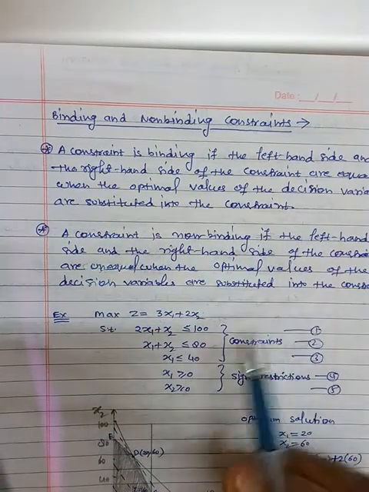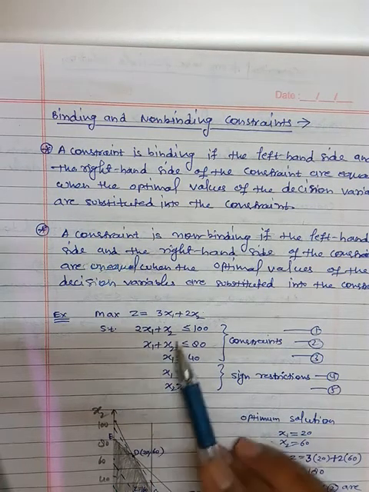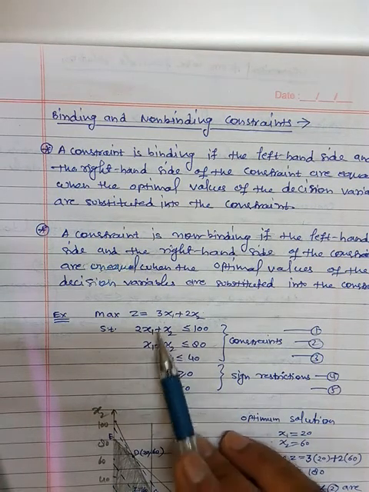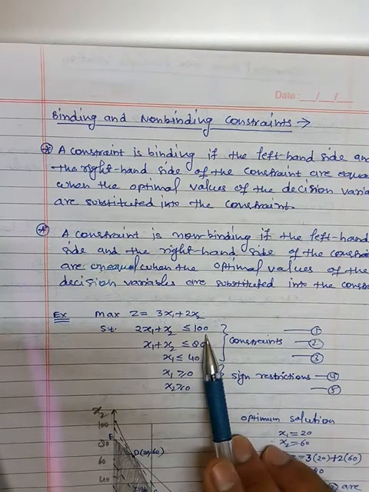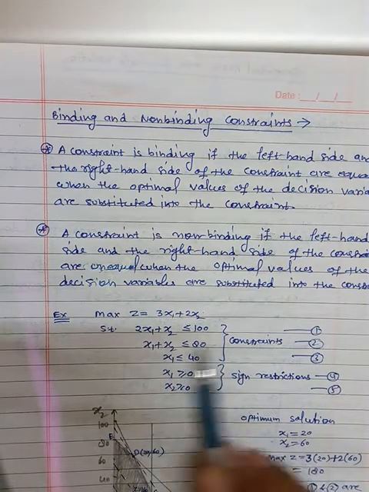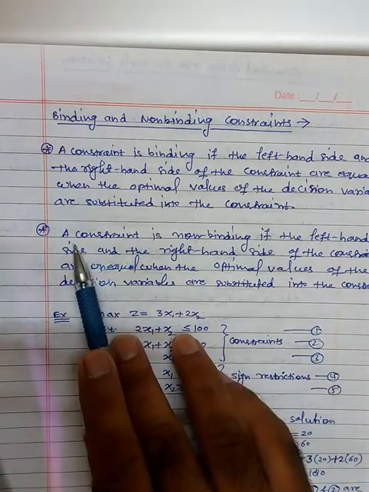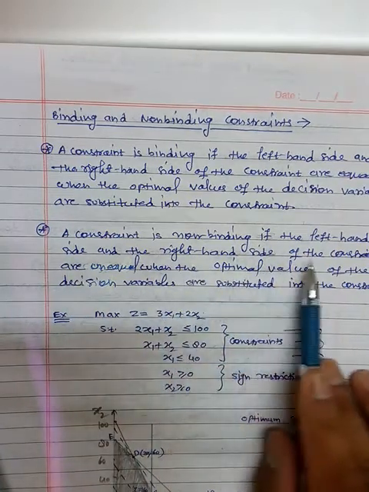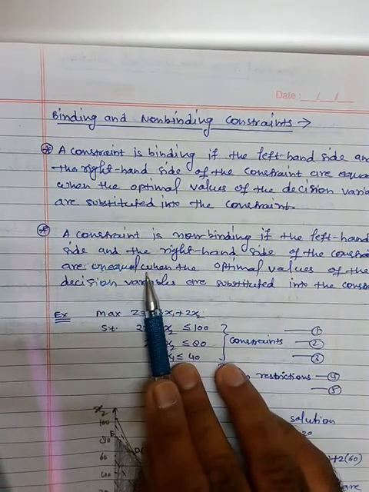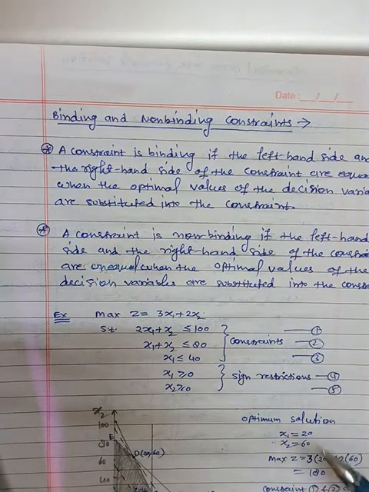For example, if you are getting 100, exactly equal to 100, so 100 is equal to 100, then such a constraint is known as a binding constraint. Second, a constraint is non-binding if the left hand side and the right hand side of the constraint are unequal when the optimum values of the decision variables are substituted in the constraint.